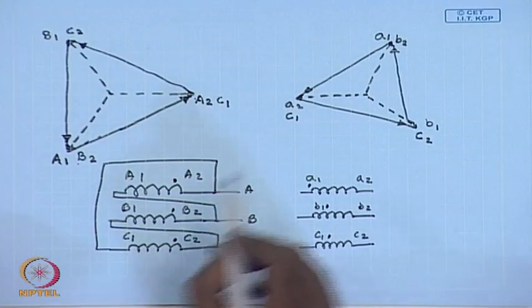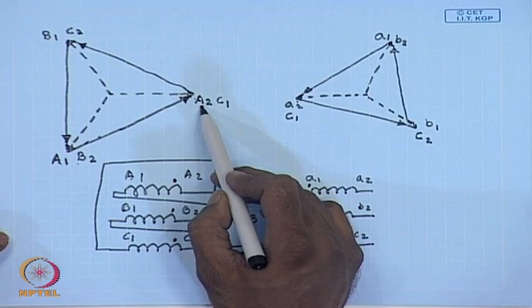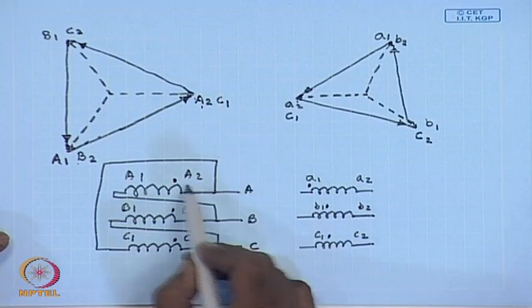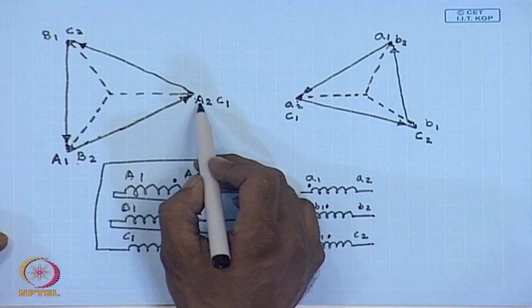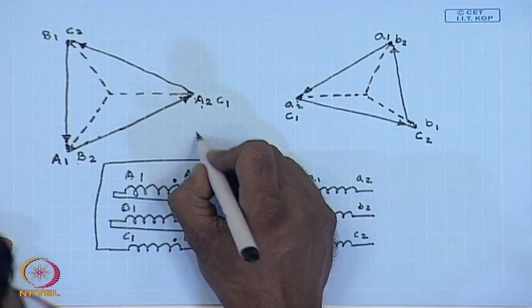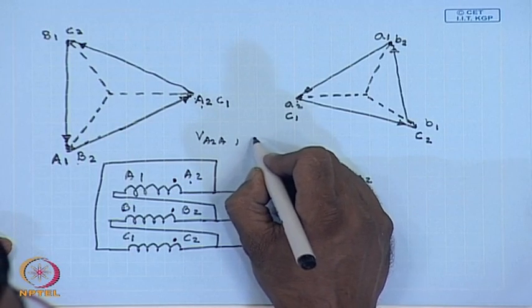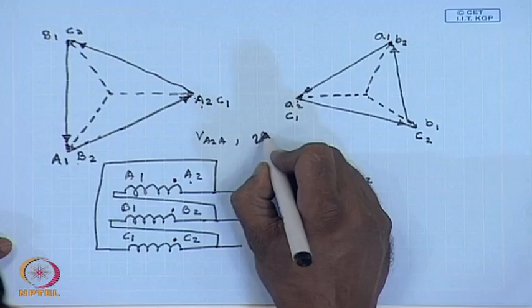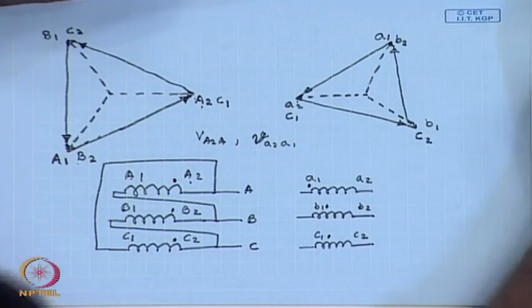That is, instead of A2 and capital A2 having the same instantaneous voltage, now A1 and A2 should have same instantaneous voltage, because we are seeing that the voltage V A2 A1 and the voltage V A2 A1 should be in phase opposition.